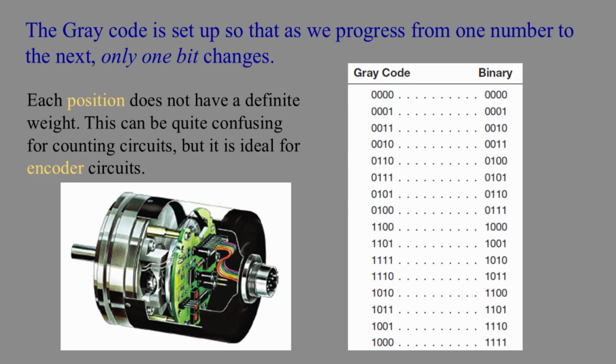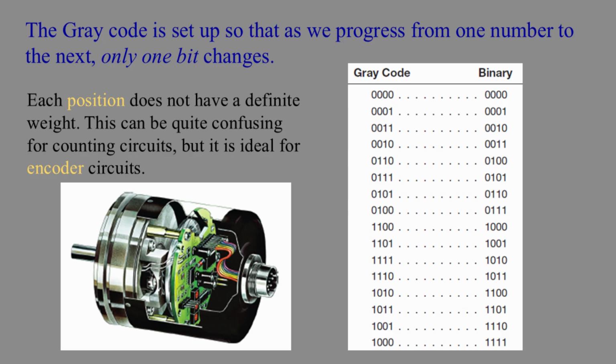This reduces the chance of errors when signals are read by a circuit. One thing to note is that Gray code does not assign fixed weights to bit positions the way binary does. This means it isn't ideal for arithmetic or counting operations, but it excels in applications where accuracy during transitions is critical.